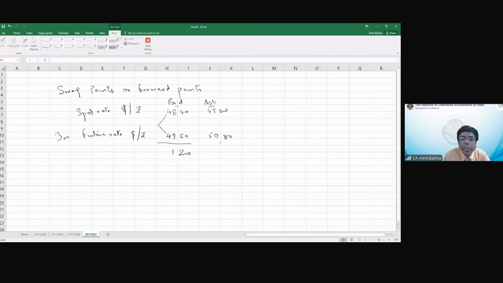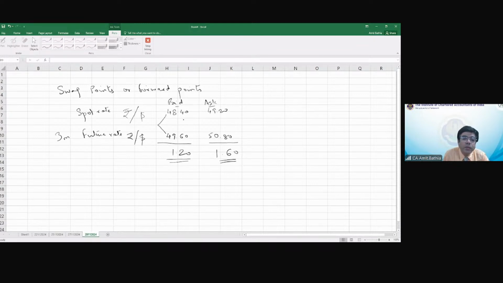Sorry, let me change the currency over here slightly. Let us make it rupee per dollar. So it essentially means that there is a change of 1.20 rupees. That means rupee vis-a-vis dollar is going to appreciate or depreciate. Can anybody help me out on that? Is the rupee expected to appreciate or depreciate? Now you can see dollar is currently priced at 48.50.